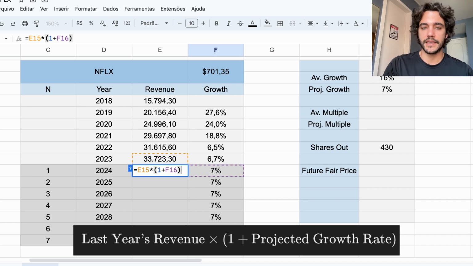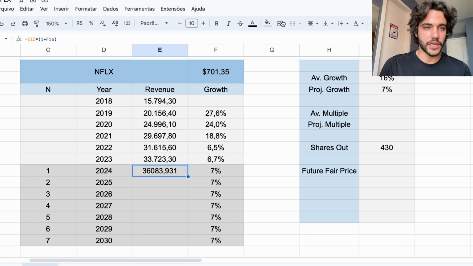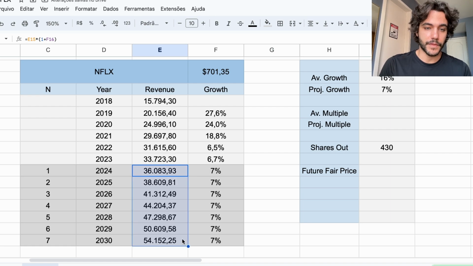Close parenthesis, enter. Great. And now we only have to drag this down. And that's it. Our projection tab is almost complete.